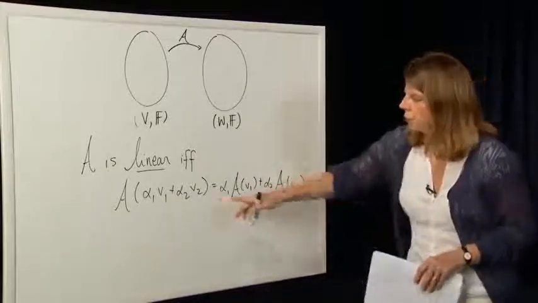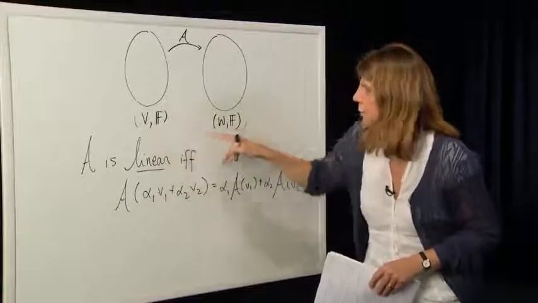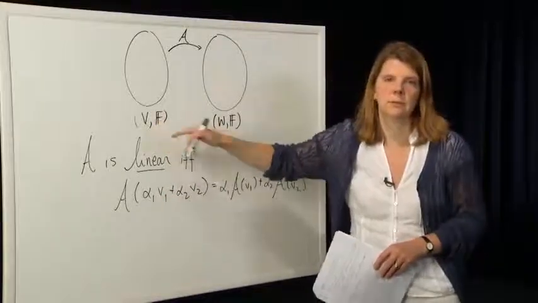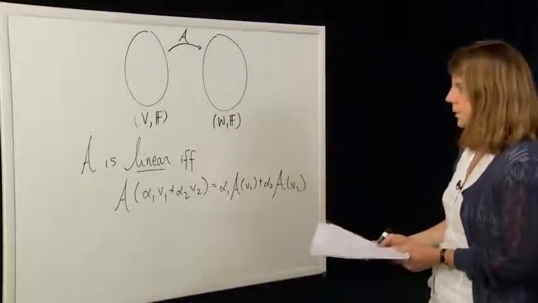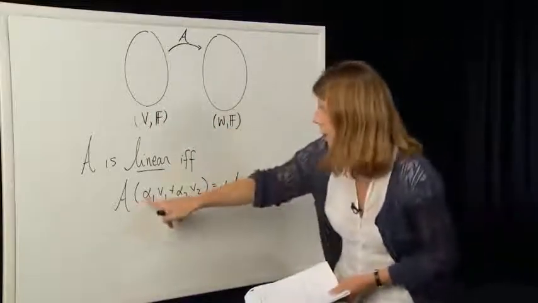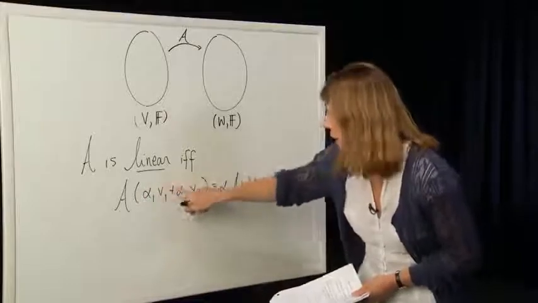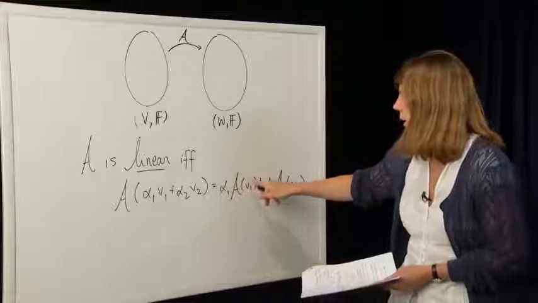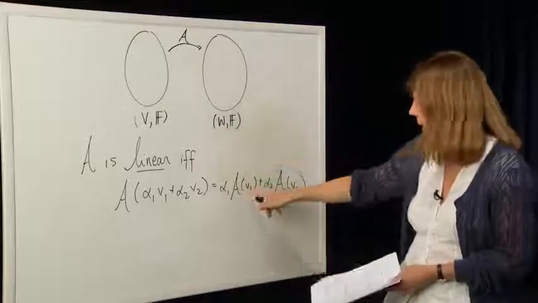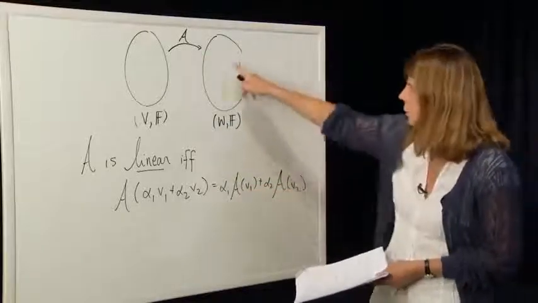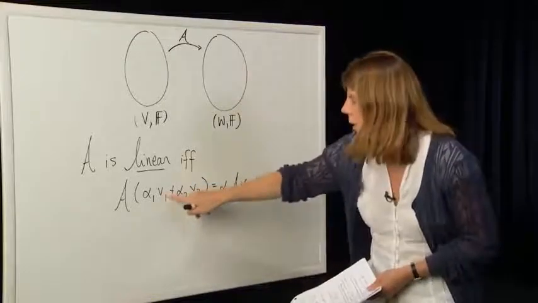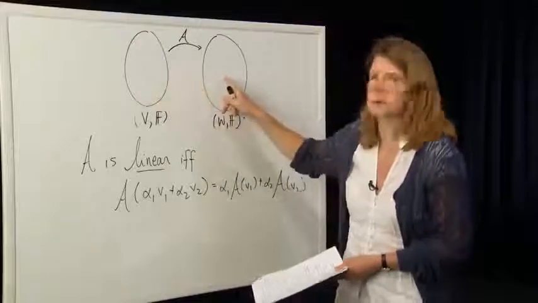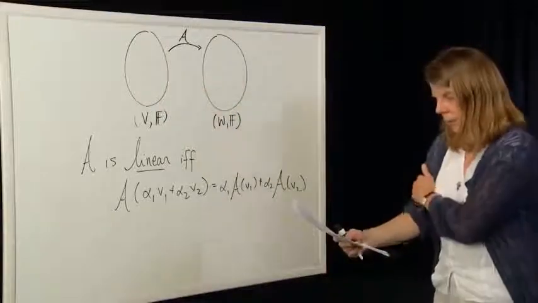And this is true for all alpha 1, alpha 2 in the field F, and for all V1, V2 in the vector space V. So A operates on elements of this space and gives us this linear combination of elements in the space W. Here A of V1 and A of V2 are elements over in W, where V1 and V2 are elements over in V, our domain and codomain respectively.